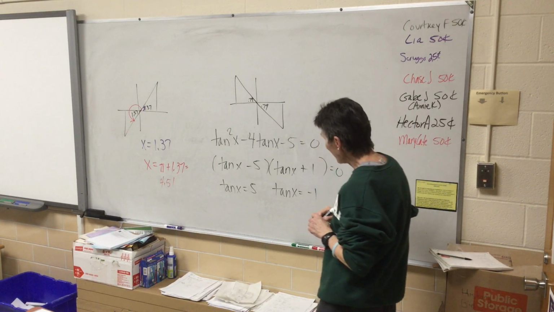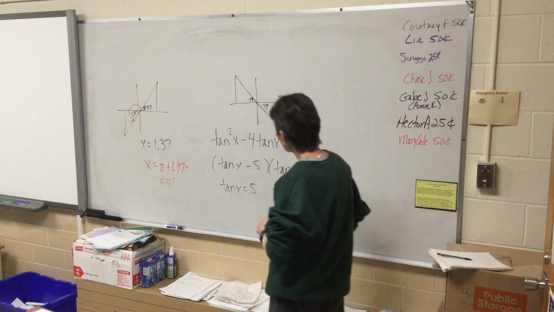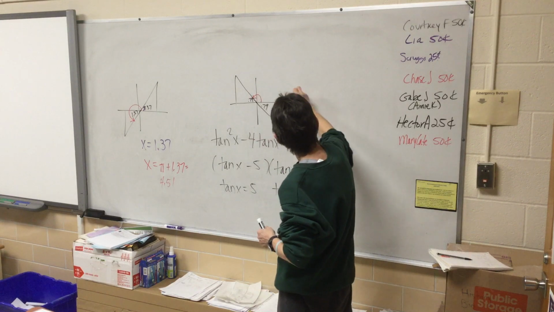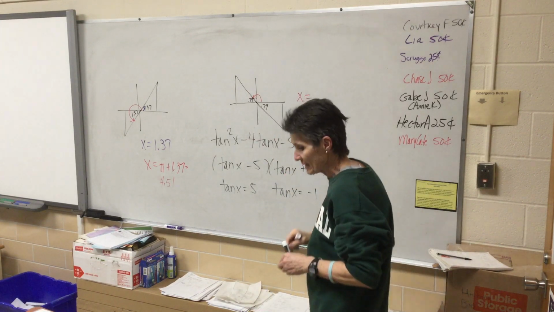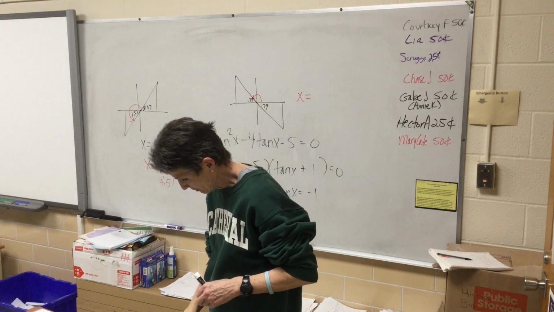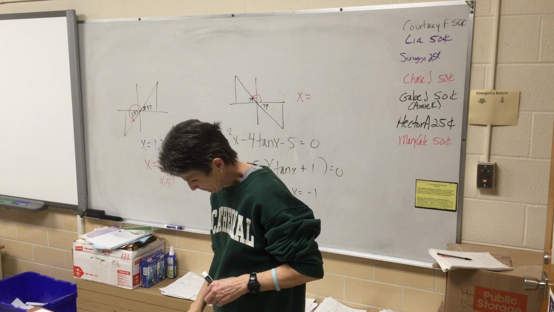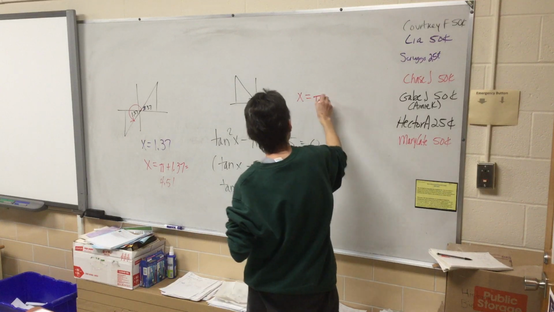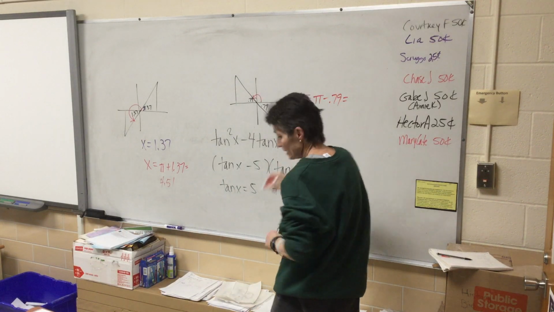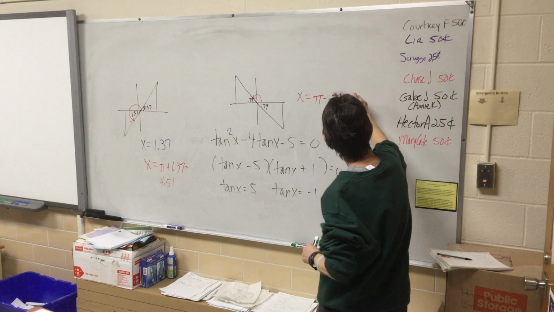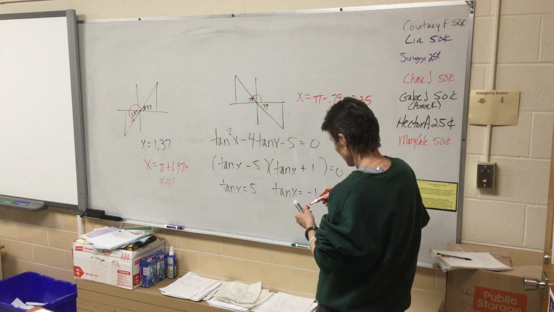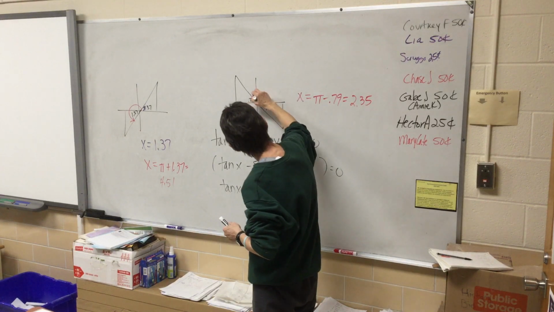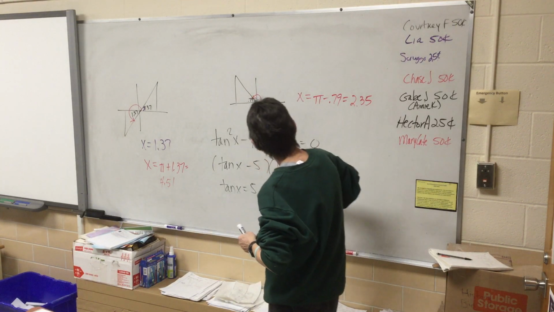0.79 is not an answer this time. We need the red angle, which we'll find how. How will I calculate the red angle? Pi minus 0.79, which is 2.35. And then I need the green one, which is all the way around.